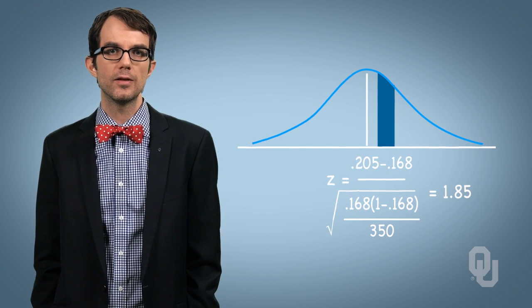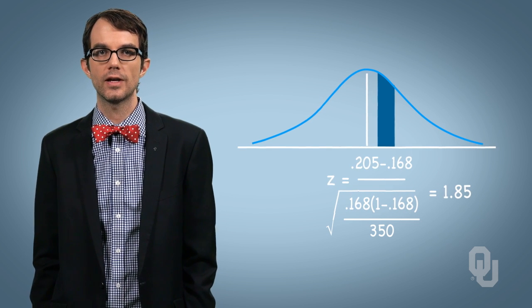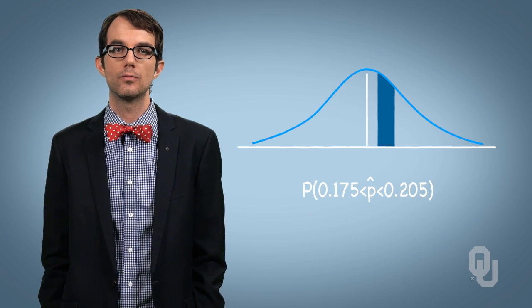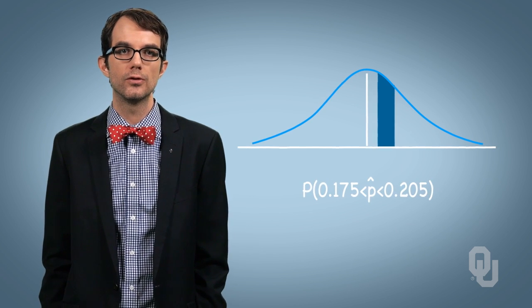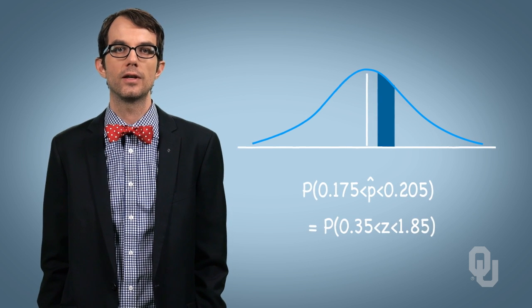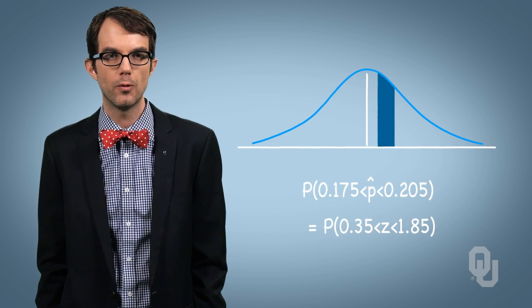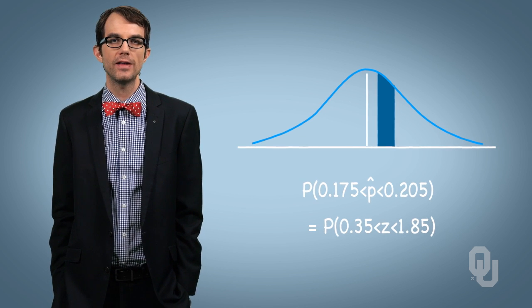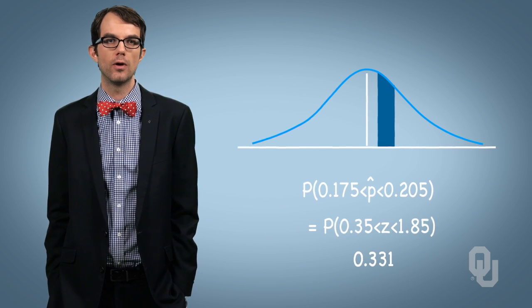So the probability that p hat, the sample proportion collected from a sample of 350, lies between 0.175 and 0.205 is equal to the probability that z lies between 0.35 and 1.85. And if we use our z-table, or Excel magic, we find that probability to be 0.331.